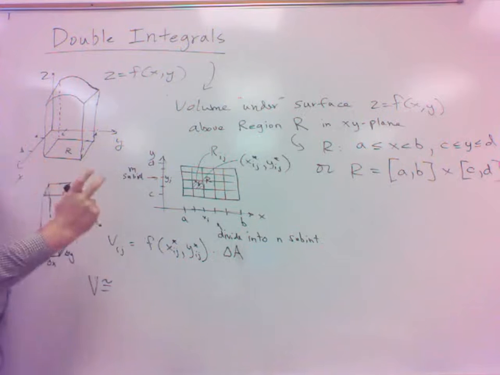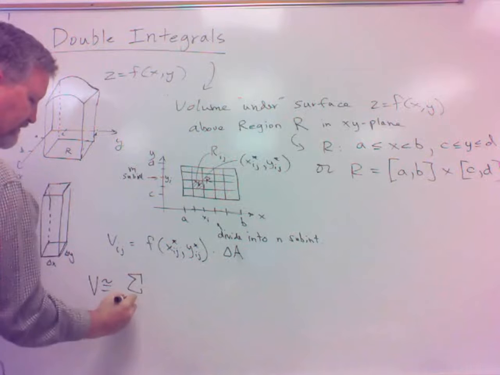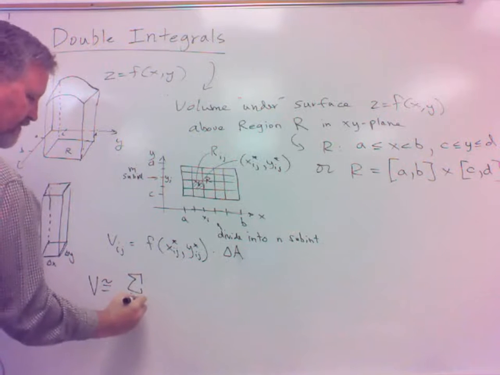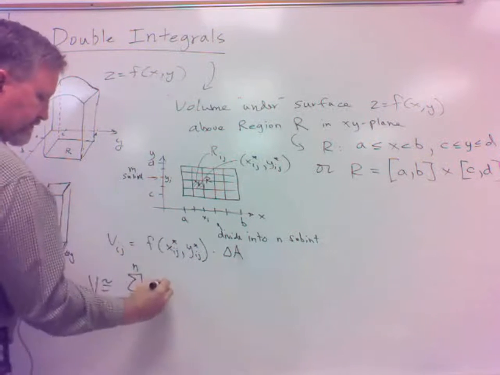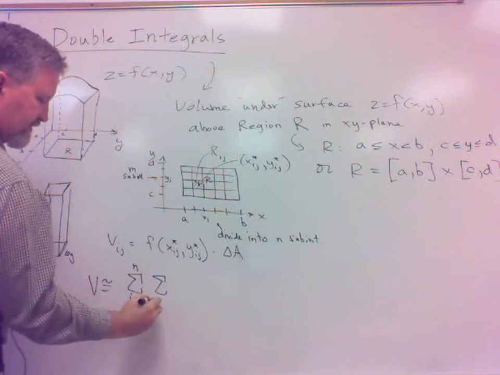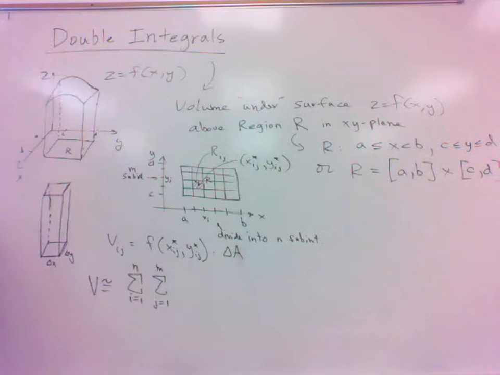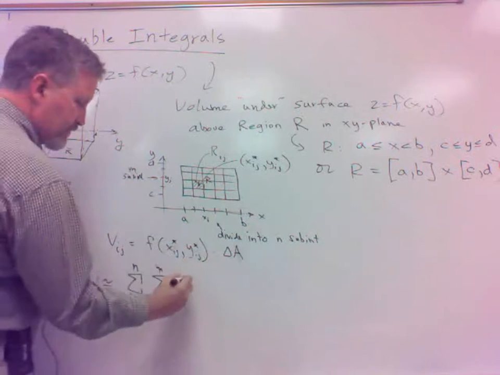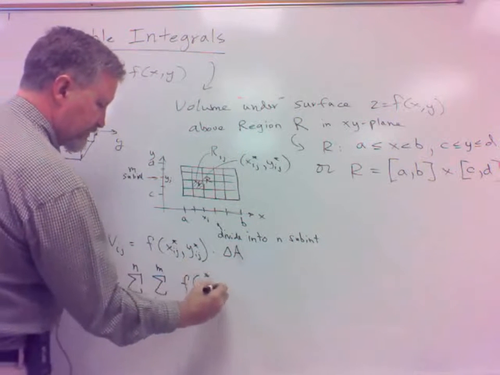I've got a sum for i and for j. So I've got two sums. I've got to sum the i's from 1 to n, that's our x, and then I've got to sum our j's from 1 to m. And then each one of those has a particular sample point associated with it.